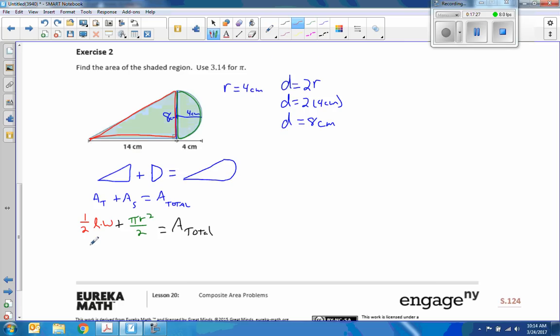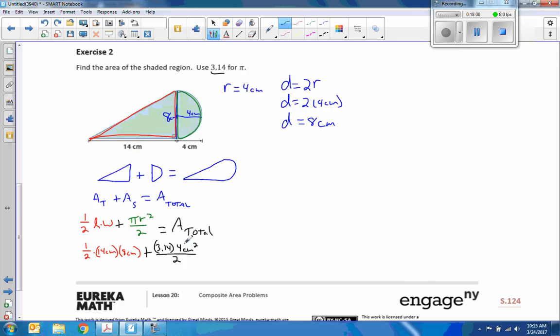So now we're going to substitute in our givens. The length of the triangle is 14 centimeters times the height of the triangle, which is 8 centimeters, plus, use 3.14 for pi, times the radius, which is 4 centimeters squared, divided by 2.